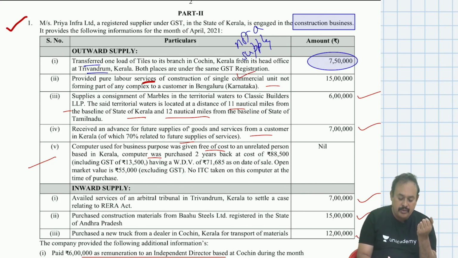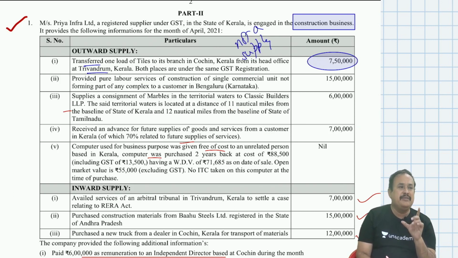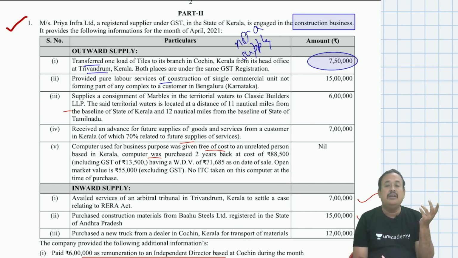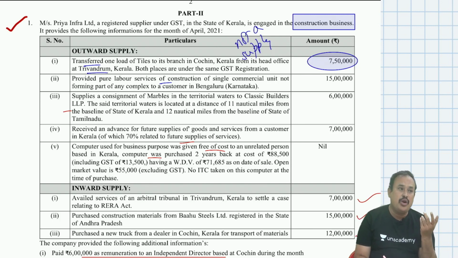Second one, if you refer, my dear sir, they have provided services, pure labor of construction of a single commercial unit. Single commercial unit is taxable. Single residential units other than those forming part of a complex are exempted.